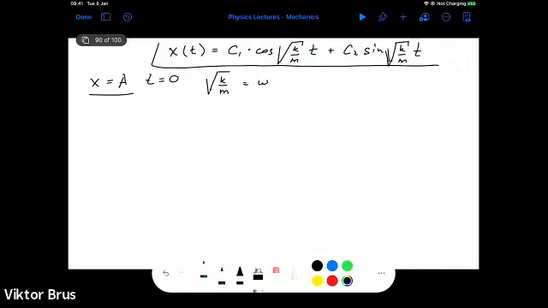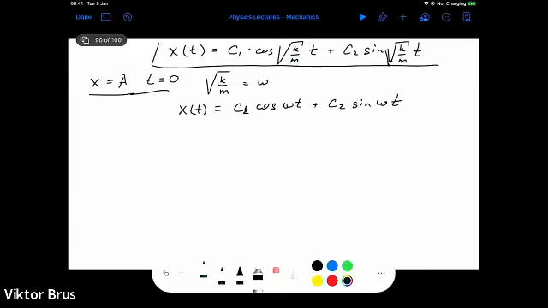Okay, so now let us rewrite this with omega: x equals C1 cosine omega t plus C2 sine omega t. And now we take into account this boundary condition.